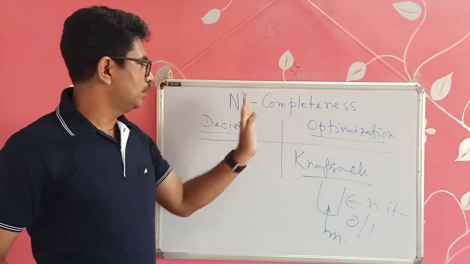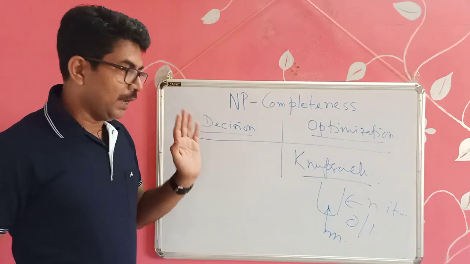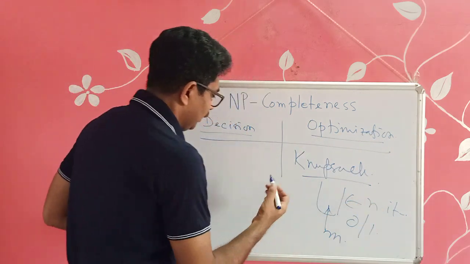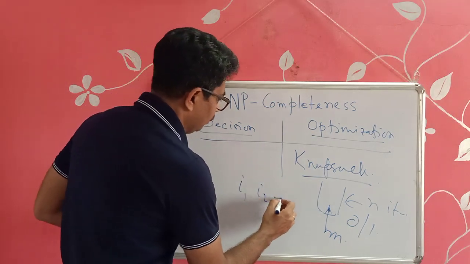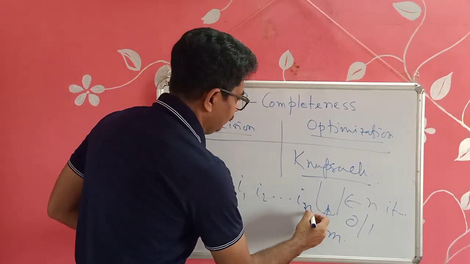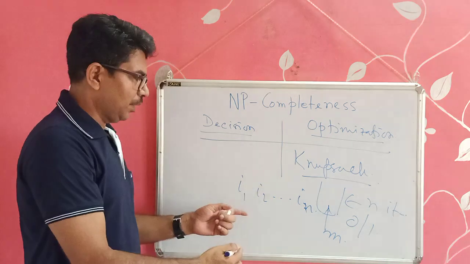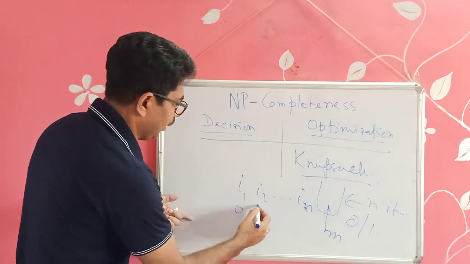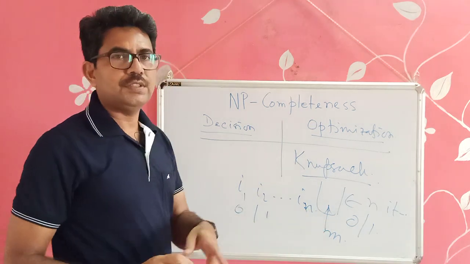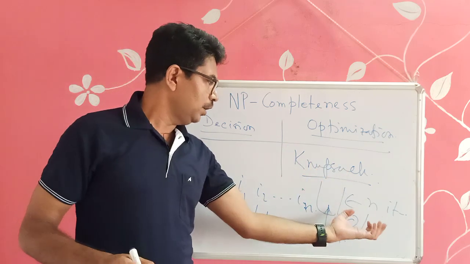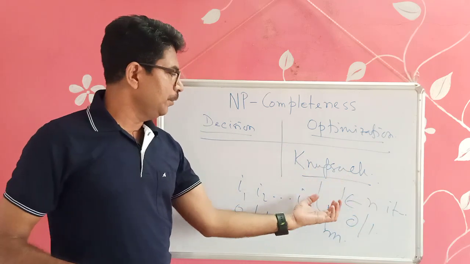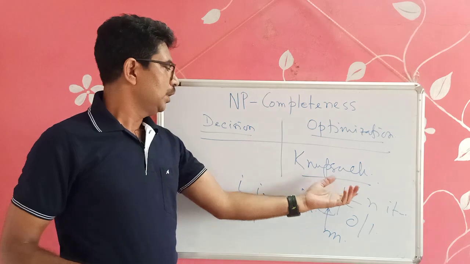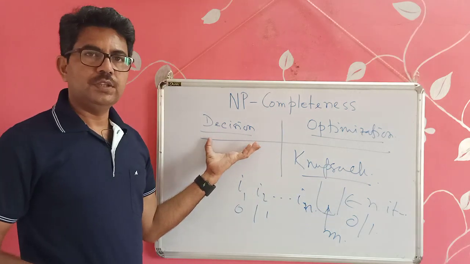It can be converted to a decision problem by considering that I1, I2, ..., In are the elements that we have selected. Some of them are 0 and some of them are 1. So it is an instance of the knapsack problem. Now if we check whether this is maximum, then it will be a decision problem.